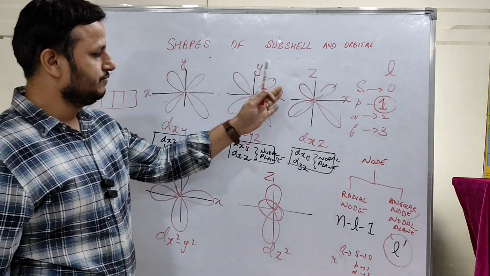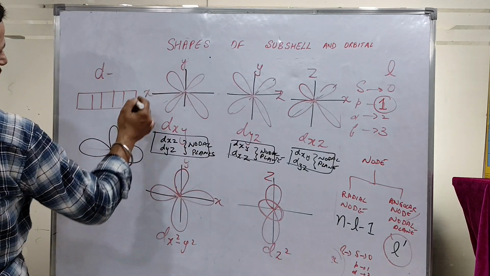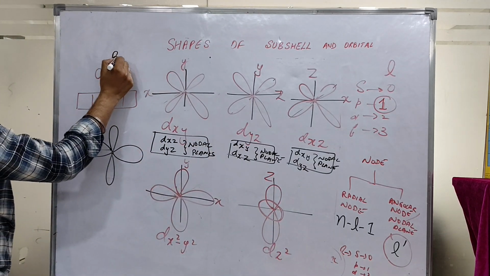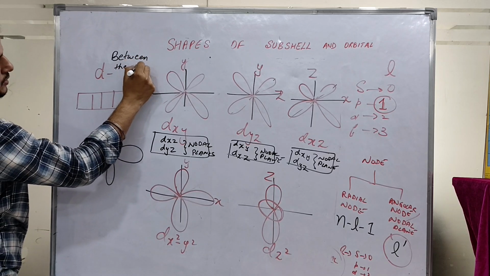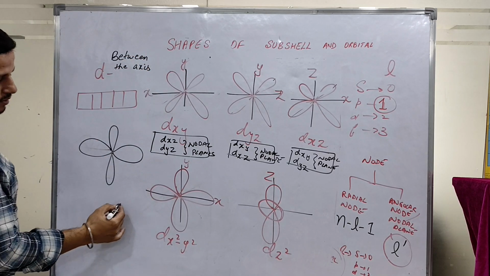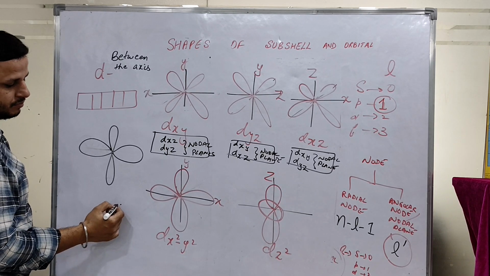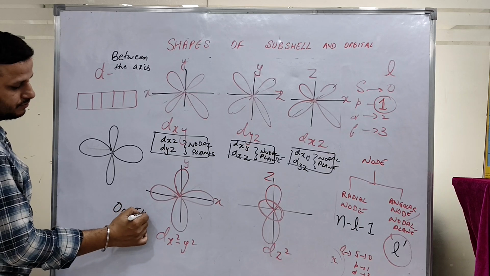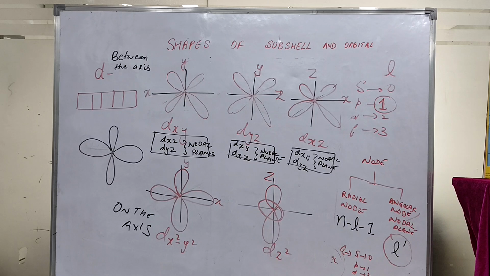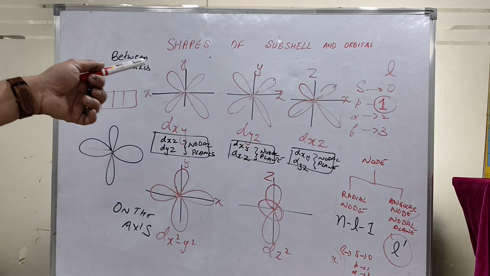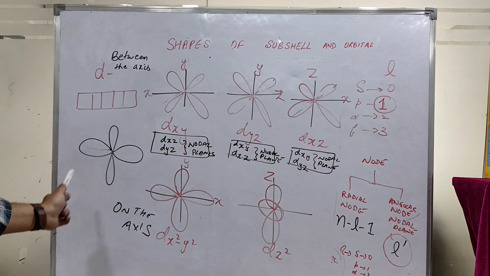So dxy, yz, zx, x square y square and z square: in the top 3 the probability is between the axes, and for the below 2 the probability is on the axis. Between the axes, 3 are similar and 2 are similar.